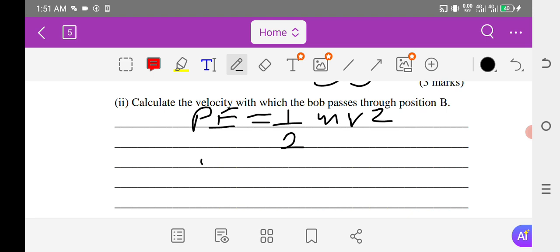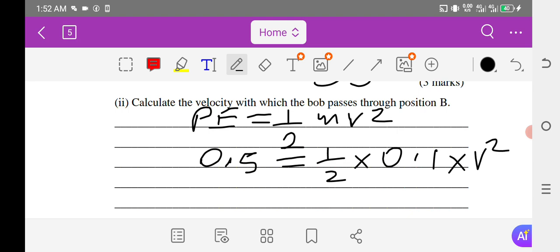So we have 0.5 being equal to half mv squared. Remember, the mass is 0.1 kilograms, and then we have v squared.